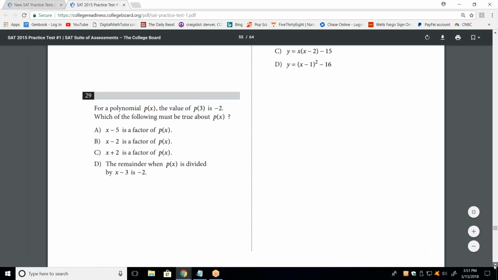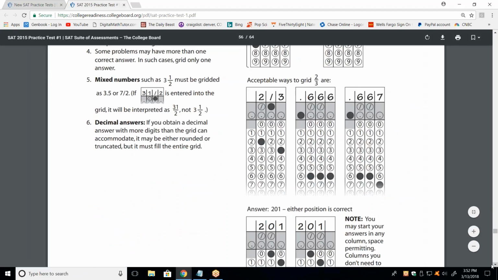Let's see what else. Yeah, let's do some grid-ins. Now, when you go from section to section on the SAT, it starts back at easy, medium, difficult again. We just ended one section, which ended with difficult problems.